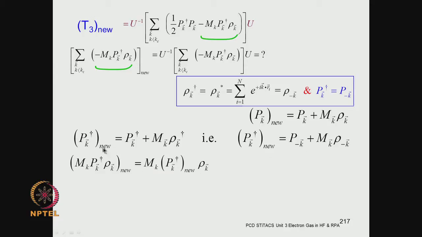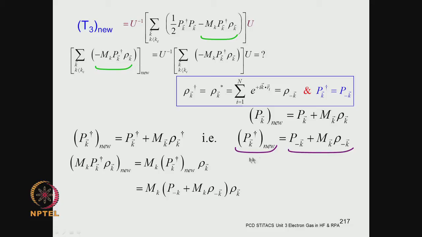So, what does it give us? We know that this term, when you transform it, will give you mk rho dagger nu rho k, right. So, it is the transformation of this term, and this remains invariant.